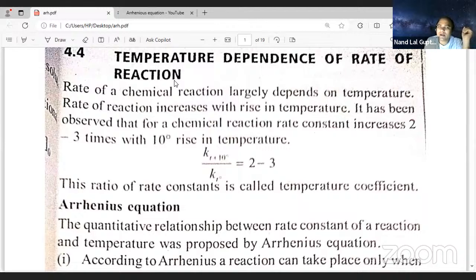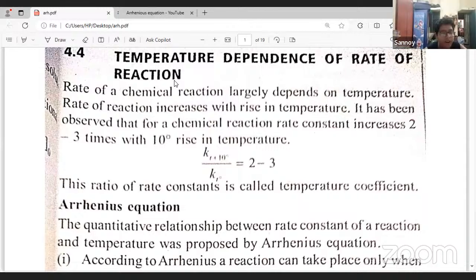Then what? Then OH should attack from the back. Which type of reaction is this, SN1 or SN2? Now you see, this carbon is partial positive and this is partial negative, so it can attack here.